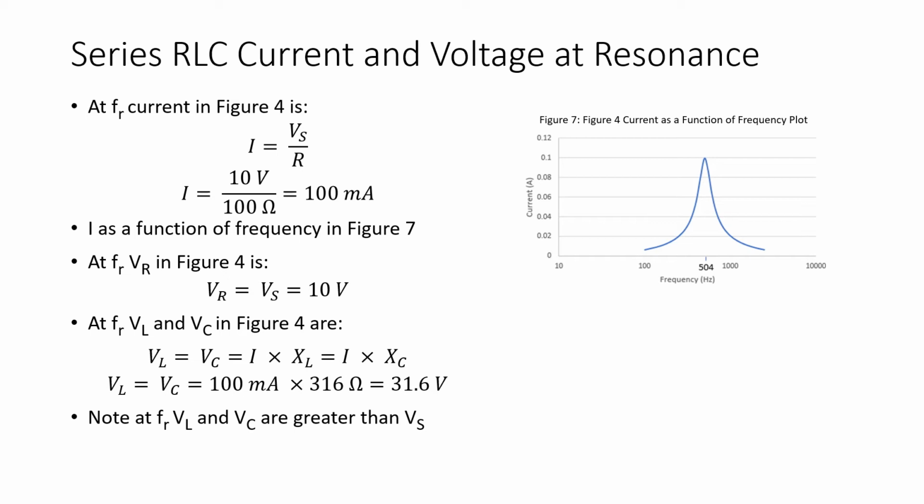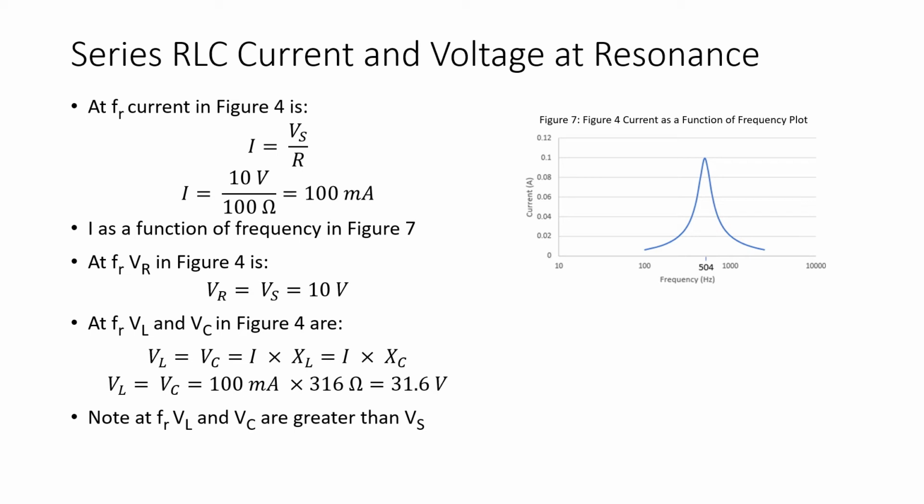At the resonant frequency, we can calculate the inductor voltage and the capacitor voltage, which equal I times X sub L, which equals I times X sub C, and we yield a value of 31.6 volts. I want to point out this is important because note that VL and VC are much greater than V source, which is 10 volts.